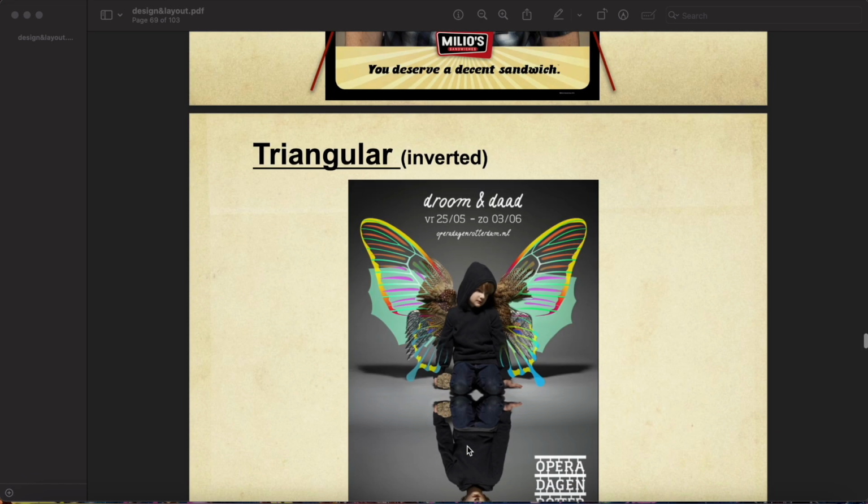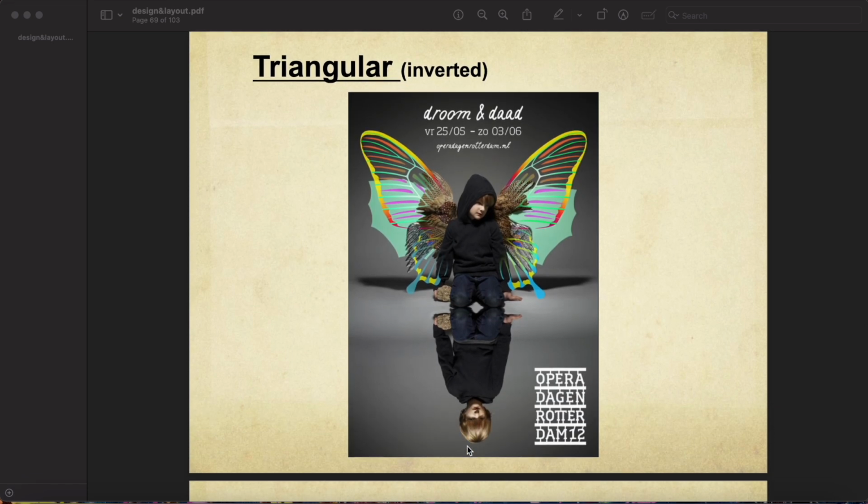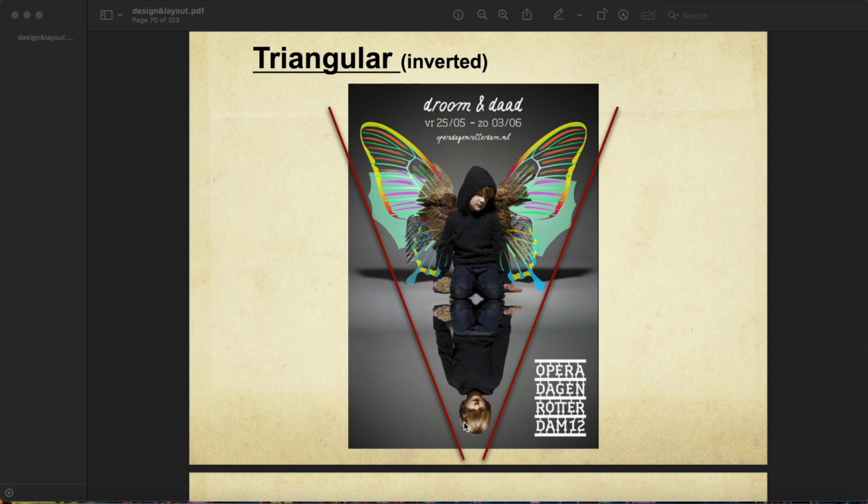And then we have inverted triangular. So we see that the butterfly wings are creating the base of the triangle, and then the face or the head of the model is the apex of the triangle. So this is triangle inverted.